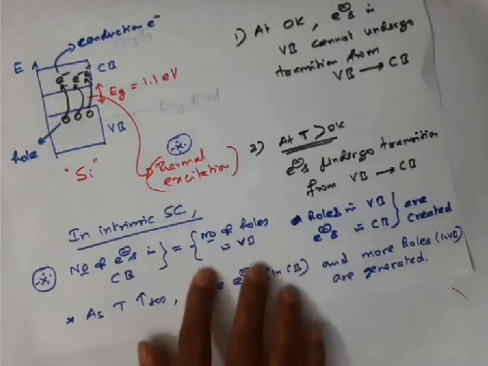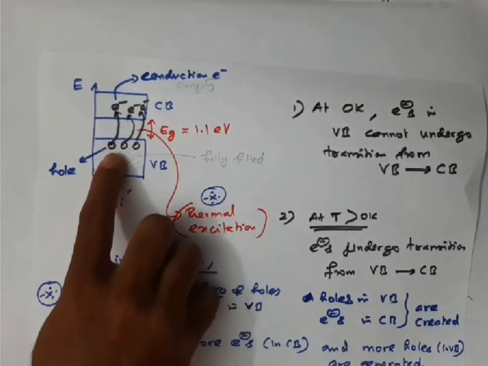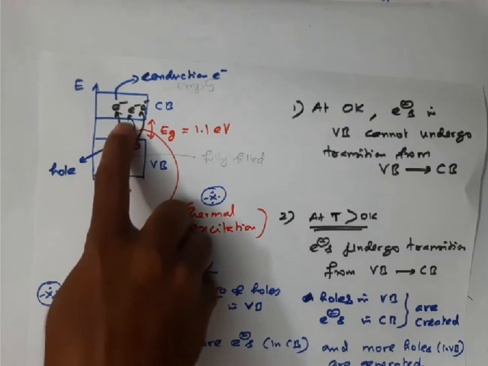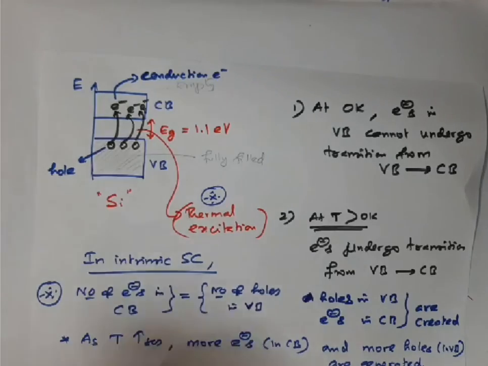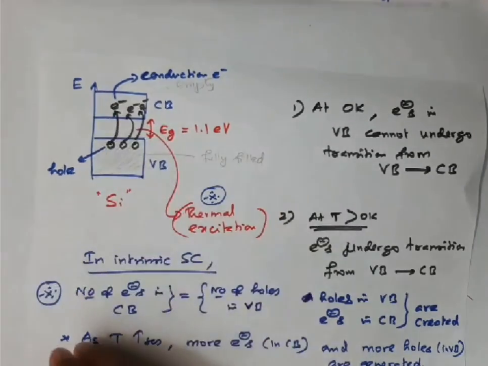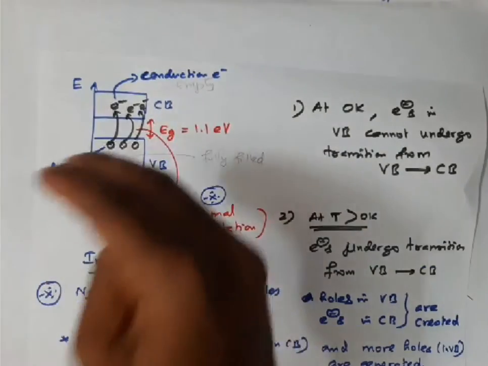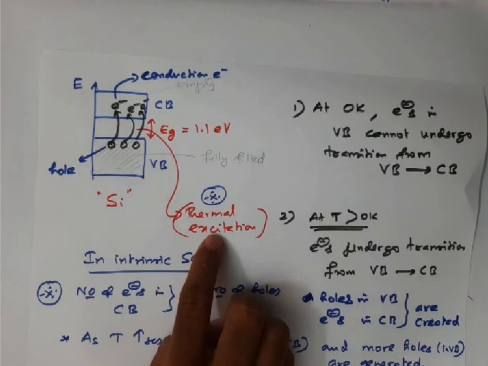The electrons gain thermal energy. Therefore, the electrons from valence band undergo transition and enter into conduction band. This arrow mark indicates transition. So electrons undergo transition from valence band to conduction band due to thermal energy. That is why this process is called thermal excitation.